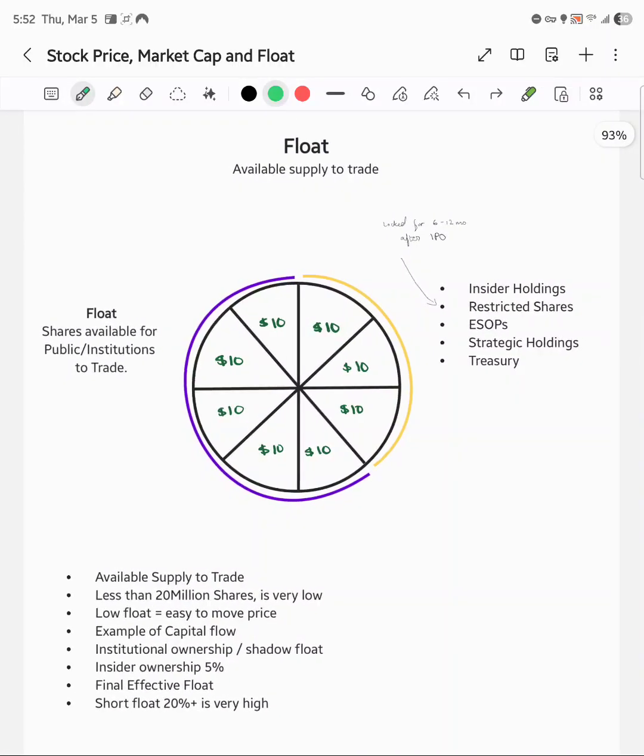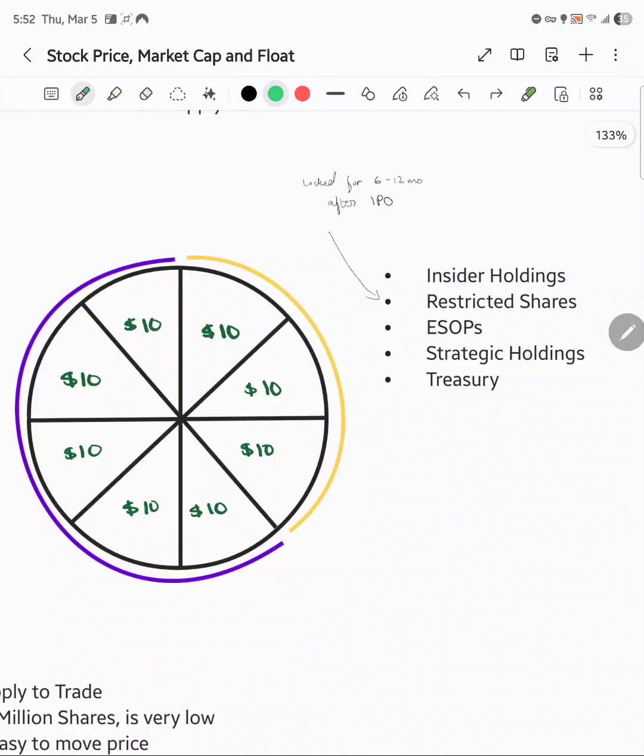Now, let's say out of the 8 slices, 3 are owned by insider holdings. Insiders mean anybody who owns more than 5% or more shares. That person is an insider. Insider holdings can also be by the CEO, the inside employees, or admins, whoever.